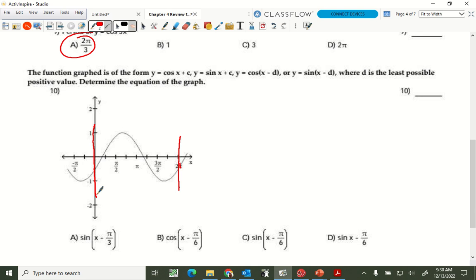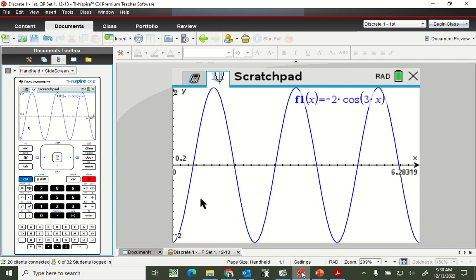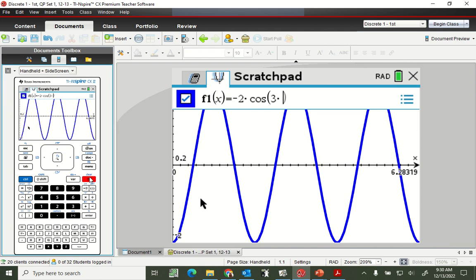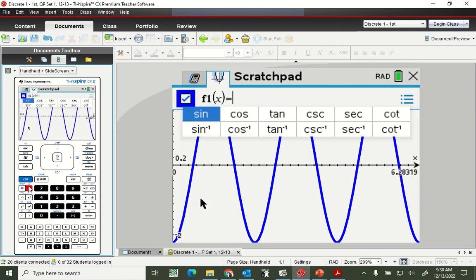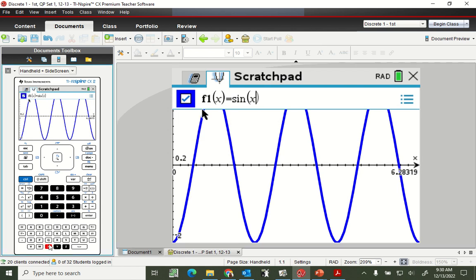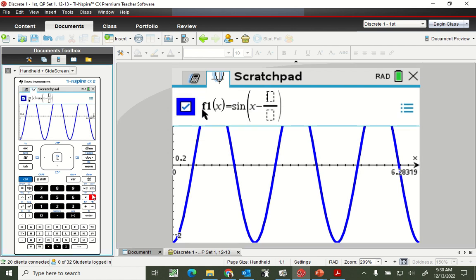So I'm going to change that, and it's going to be sine x minus pi over 3. So these have phase shifts. So tab. So sine of x minus pi over 3.